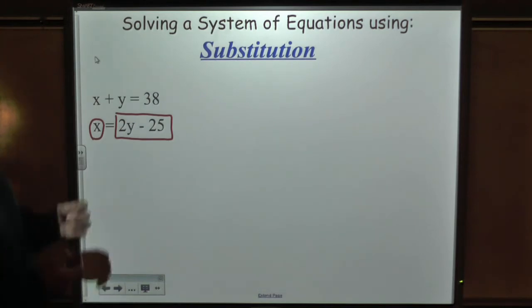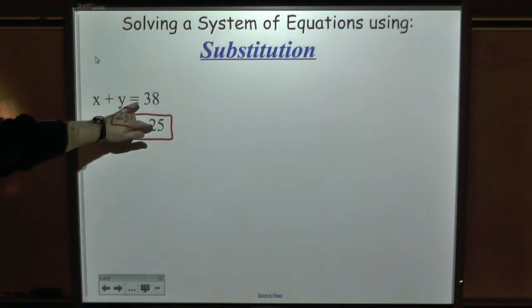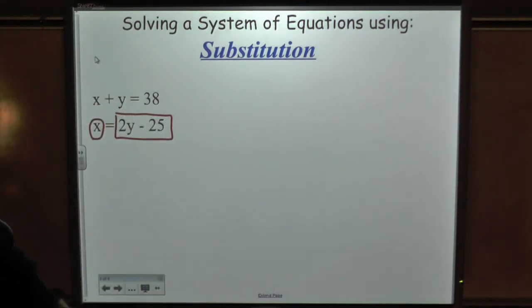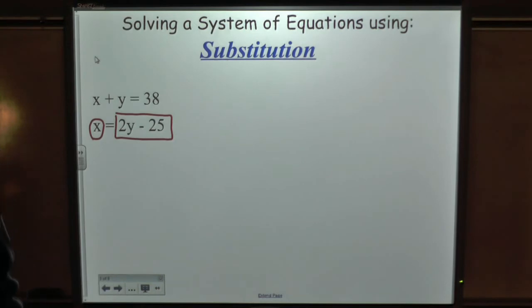So what substitution is about is that we are going to create a new equation using these two equations that are working together. Remember, these two equations are working together as a system. They're working together to form a point where these two lines intersect. So we're going to use these two to create an equation that has only one type of variable in it.